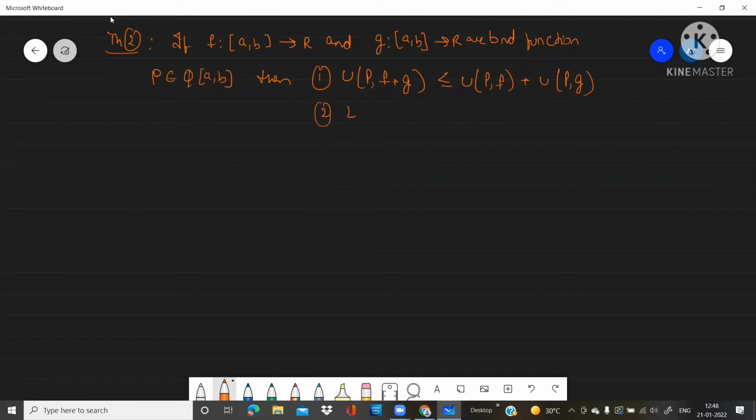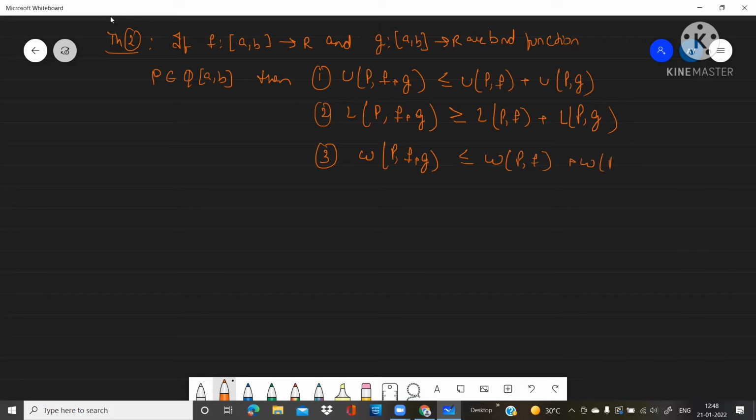Next, the second condition is L(P, f plus g) is greater than or equal to L(P, f) plus L(P, g), since if we talk about infimum, that will be greater than or equal. And the third condition is W(P, f plus g) is less than or equal to W(P, f) plus W(P, g).